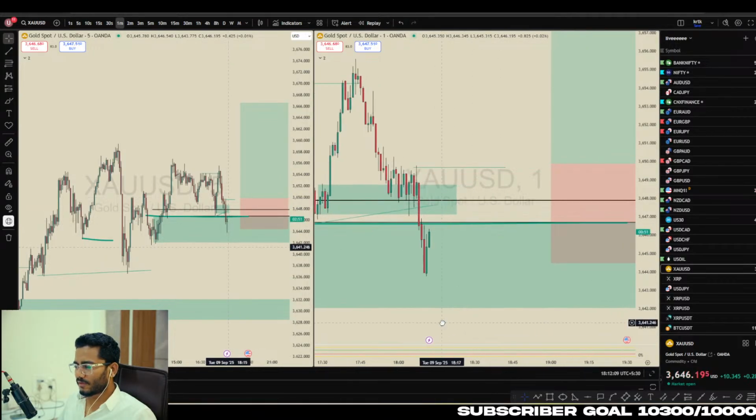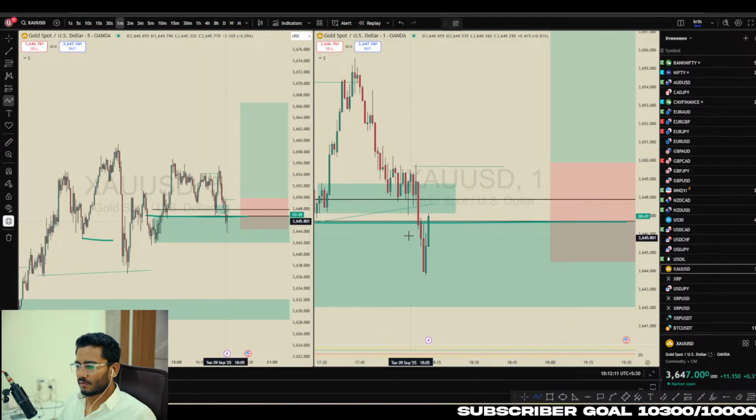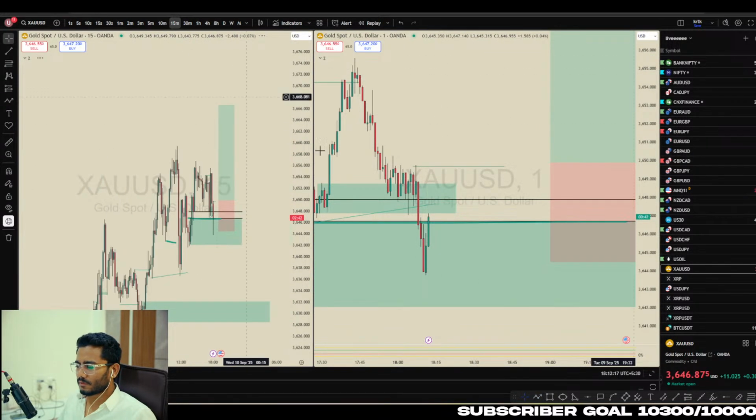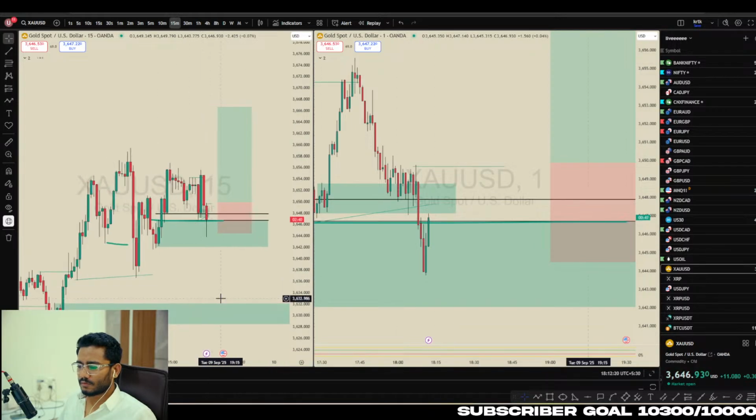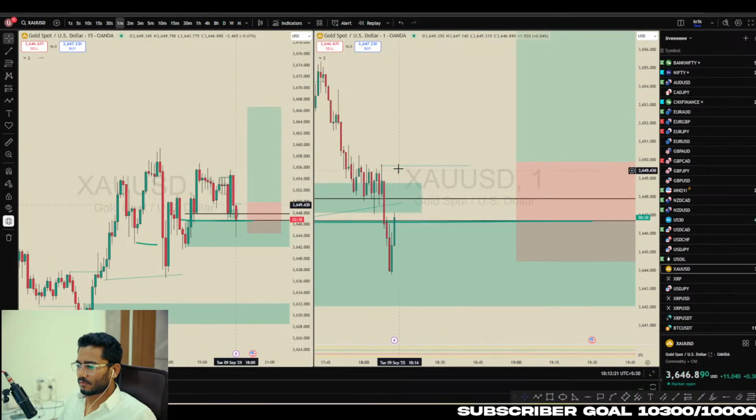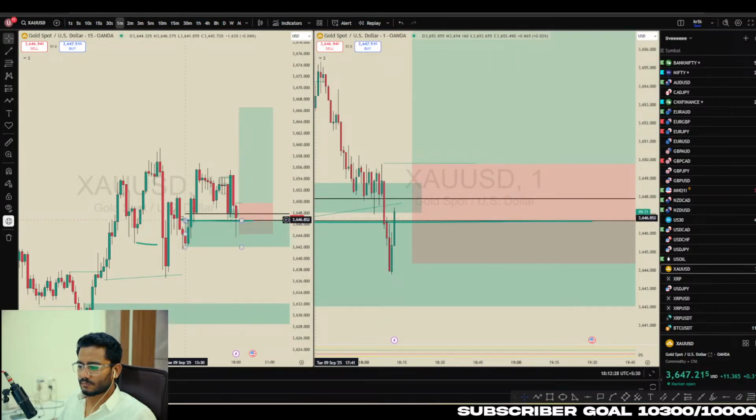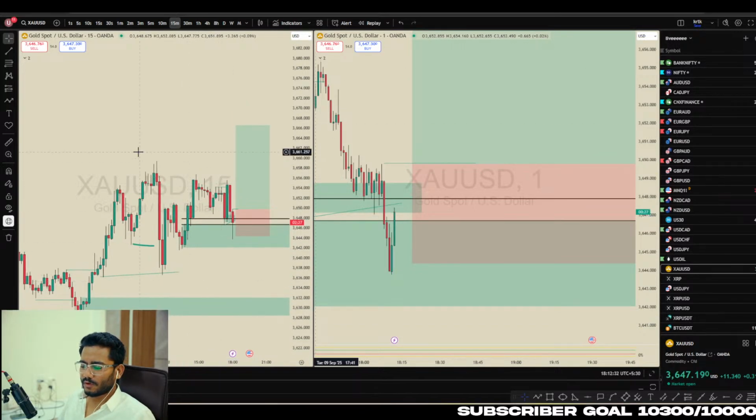And now if price continues to the upside very quickly, then we'll see this is just a liquidity sweep. Okay, keep your risk low if you're entering.